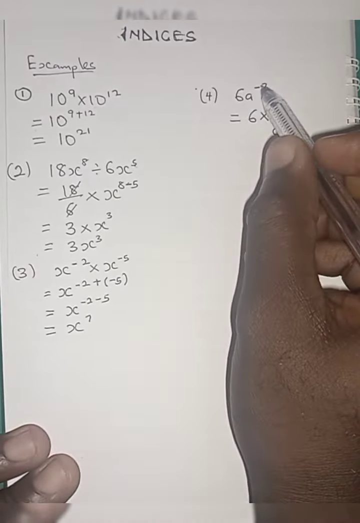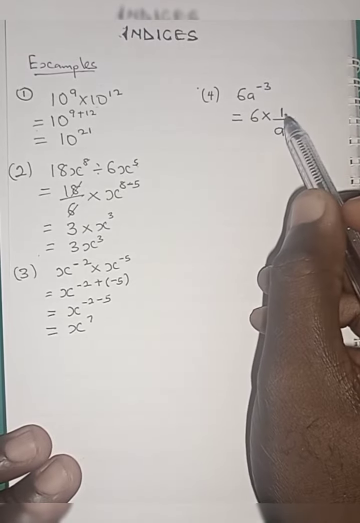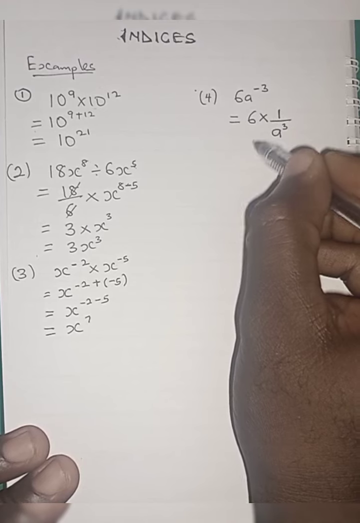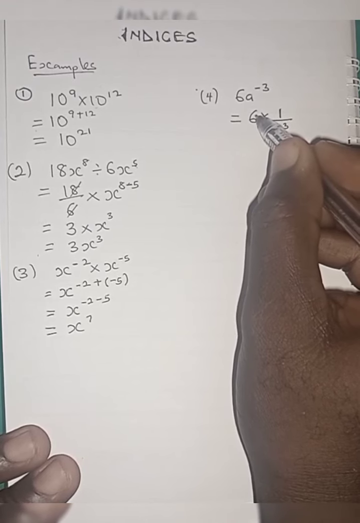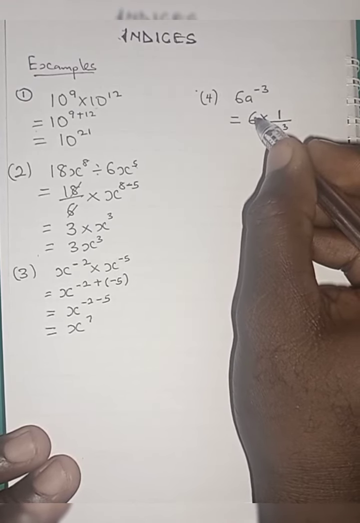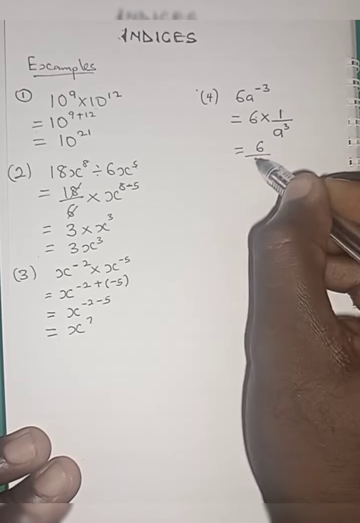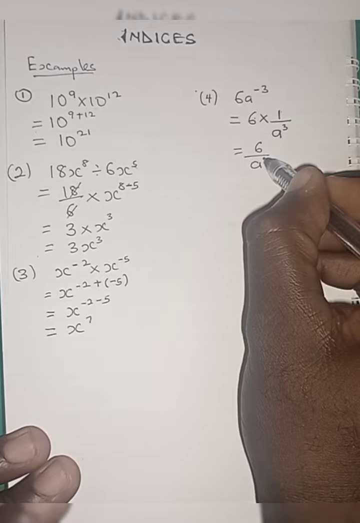This is the rule of negative index. The a raised to power minus 3 has changed to 1 all over a raised to power 3, and that will give us 6 times 1, that is 6 all over a raised to power 3.